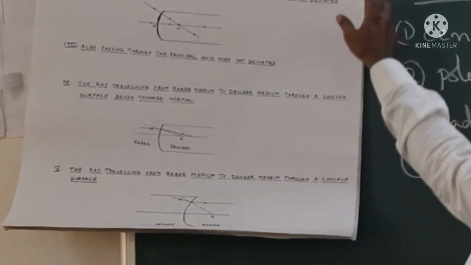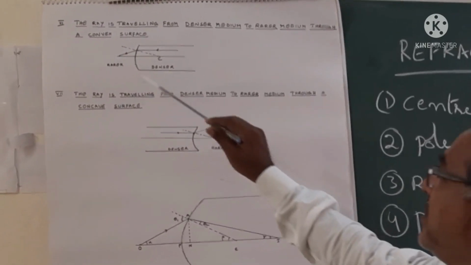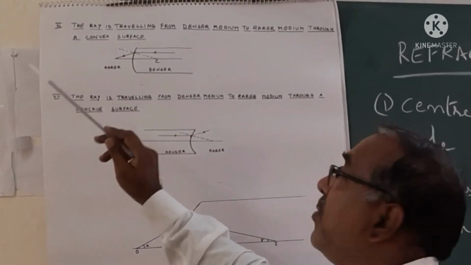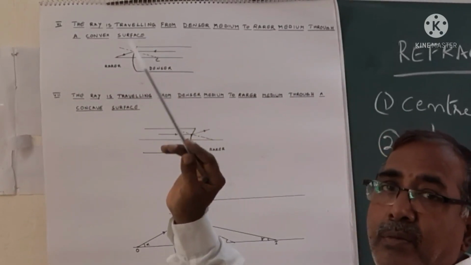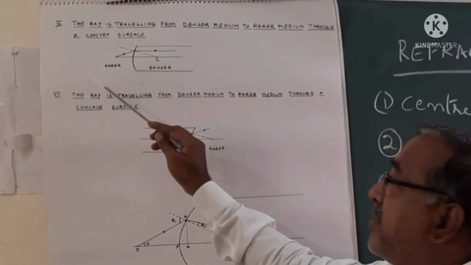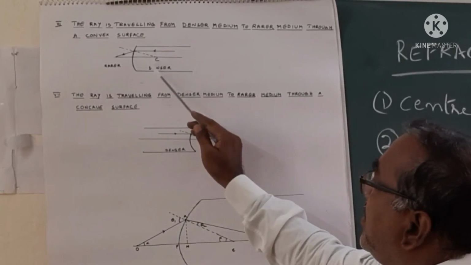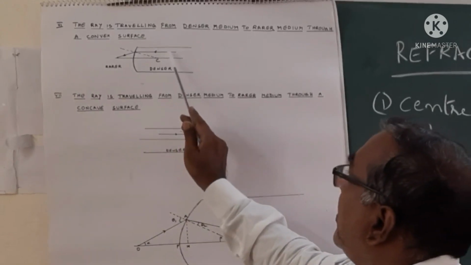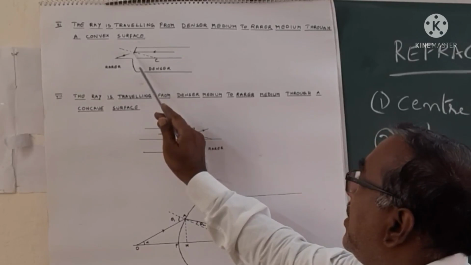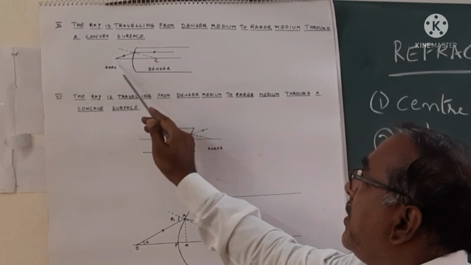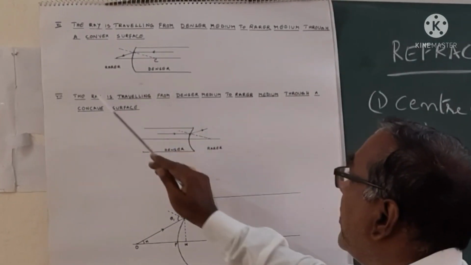Another law is when the ray is traveling from denser medium to rarer medium. In the case of convex surface, here you see this is the ray passing through denser medium to rarer medium. It will bend away from the normal.